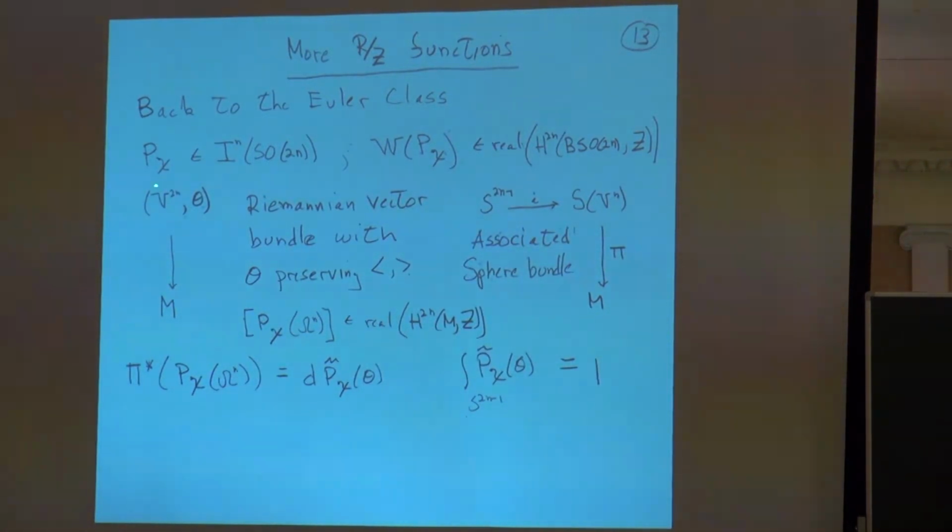So let's take an even-dimensional Riemannian vector bundle, oriented, over a manifold M. So this is no longer the tangent bundle. This is just any old bundle. And you put a connection on it, theta, which preserves the inner product. And here's the associated sphere bundle of this guy.